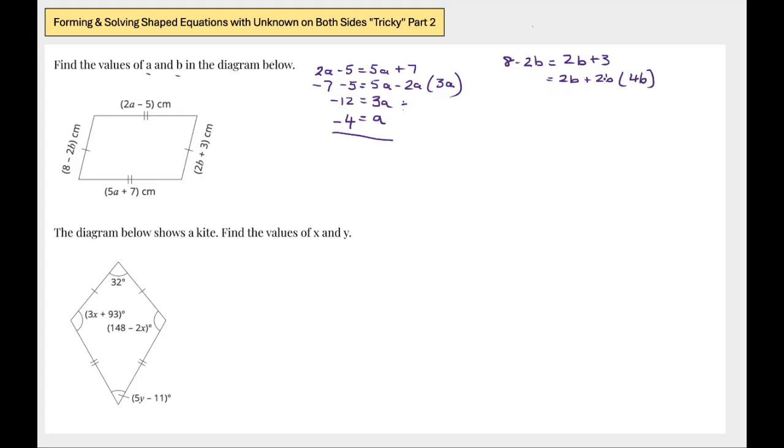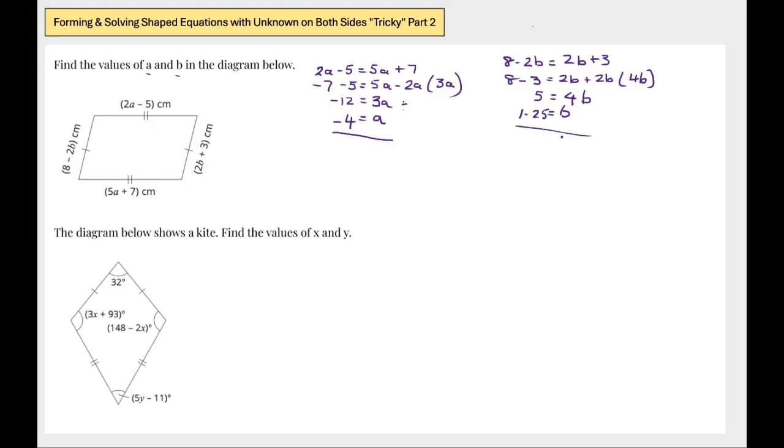And then we're going to take the 3 over to the 8. It becomes negative 3. So now we have 5 and we have 4b. So we now have to divide that 5 over the 4, which gives us, if you pop it in your calculator, 1.25.